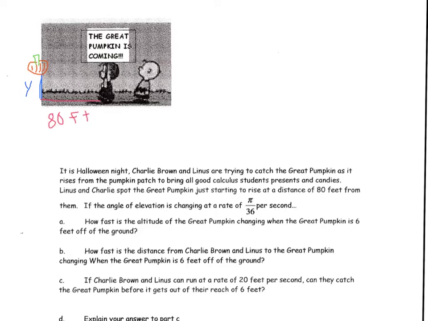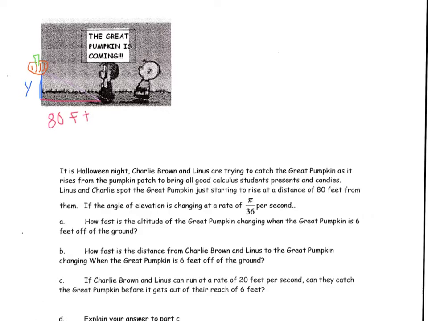We're also given that the angle of elevation is changing at a rate of pi over 36 per second. So to draw the angle of elevation, I'm just going to start from Linus's toes up to the great pumpkin, and then that color's a little hard to see.